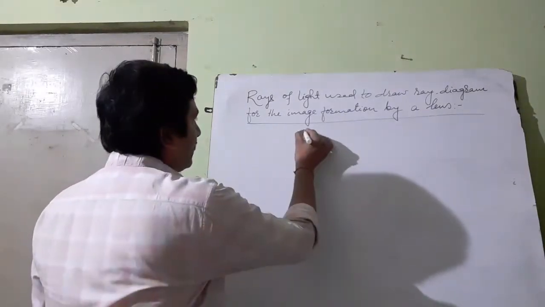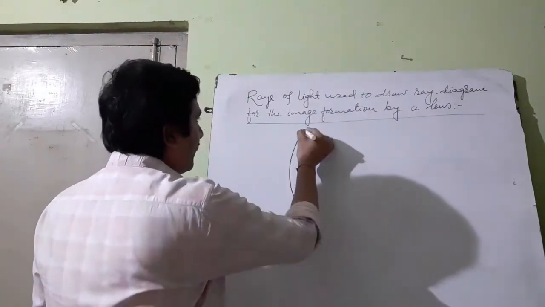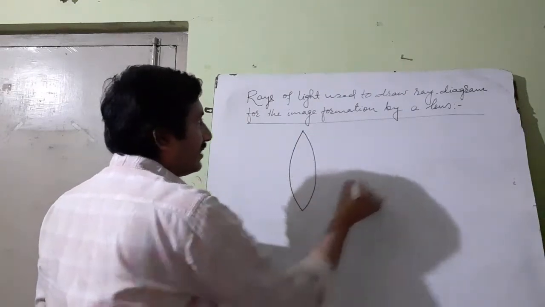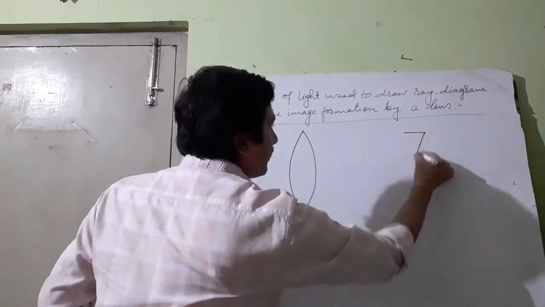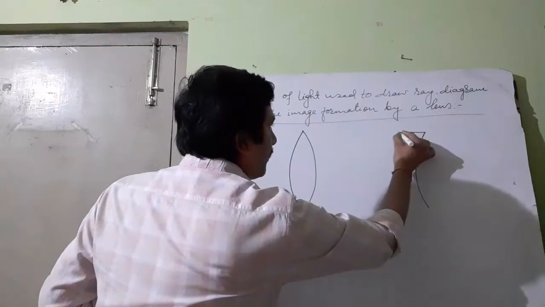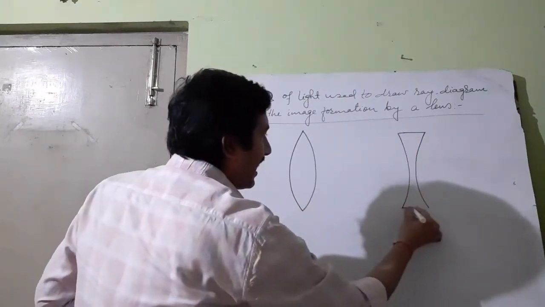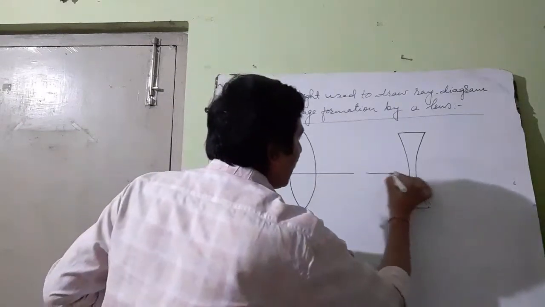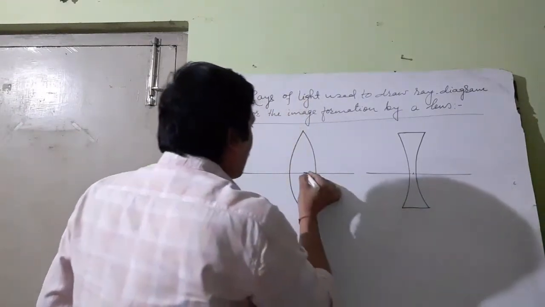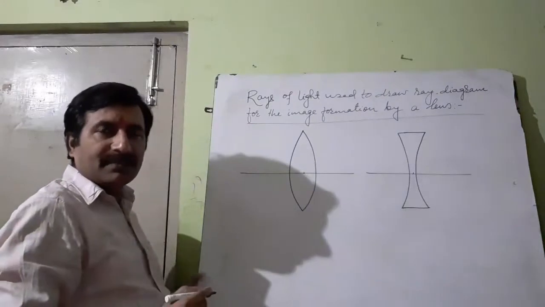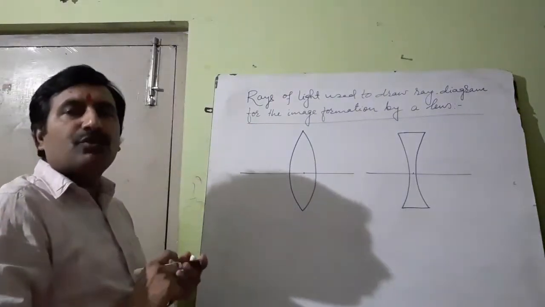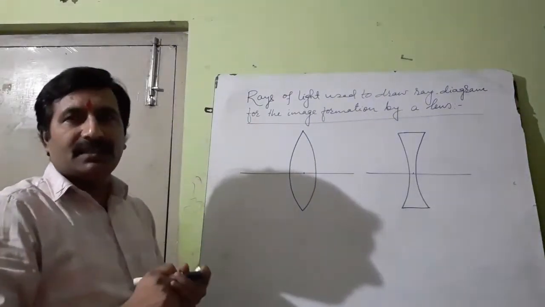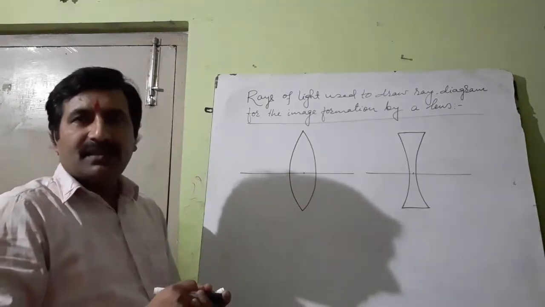Suppose this is a convex lens and this is a concave lens. It has been observed that if a ray of light passes through the optical center, it doesn't deviate from its path.